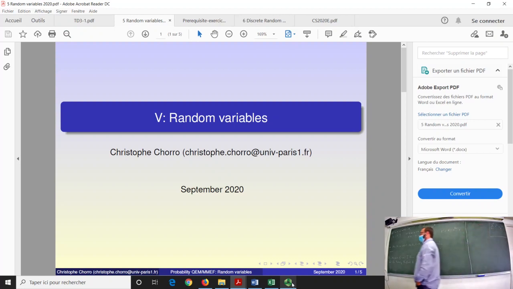Not dealing with probability, just with analysis, how to compute this sum and prove that it's equal to 1 over p. Do you remember the way to do it?